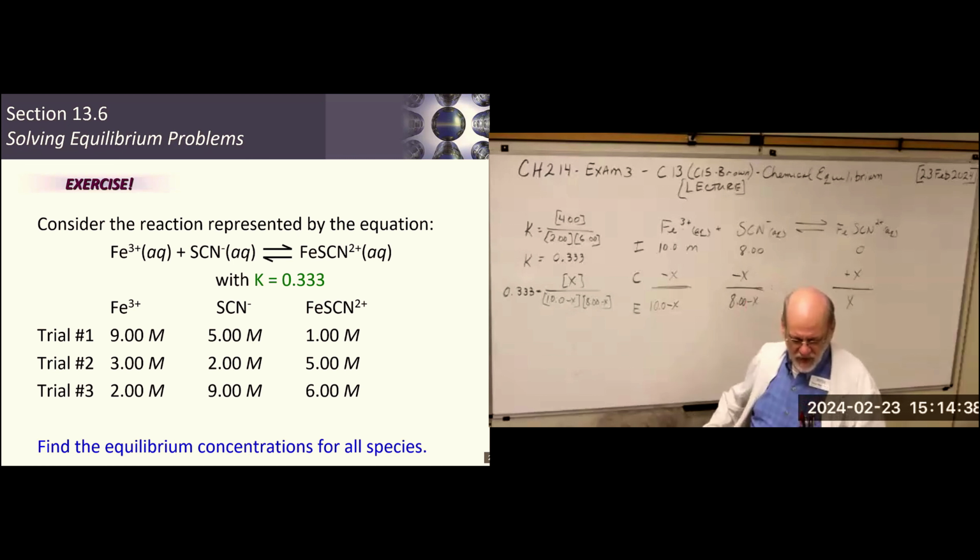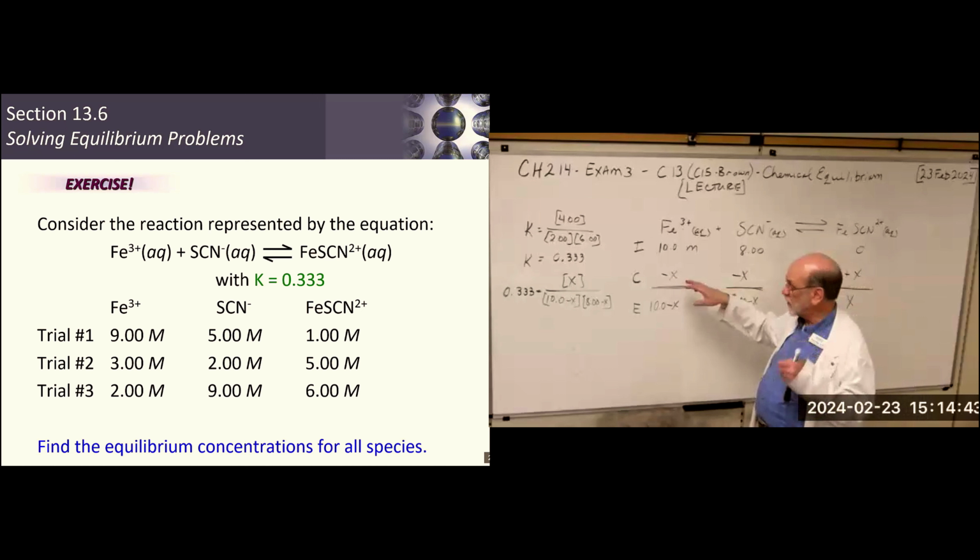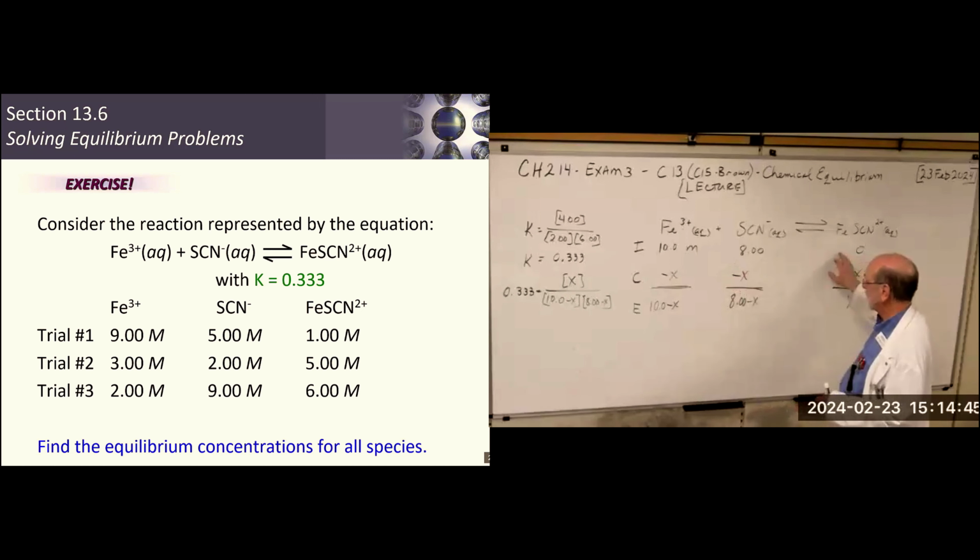Okay, we have these other possibilities, right? We could put these values in. Now, if we start off with 9, 5, and 1, then we would need to calculate a Q. Let's just do one of them.